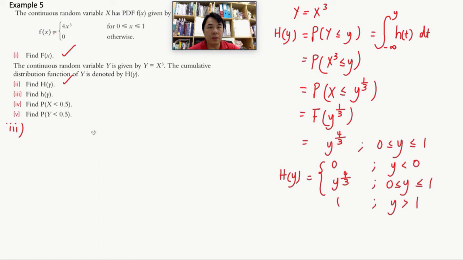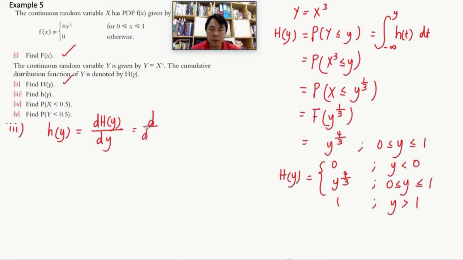The relationship between the density function and its distribution function is given as such: the density function is the derivative of the cumulative distribution function. Since the continuous random variable is y, we're going to differentiate this with respect to y. I will just concentrate on differentiating this, because differentiating for this interval and this interval will yield the same result of 0.